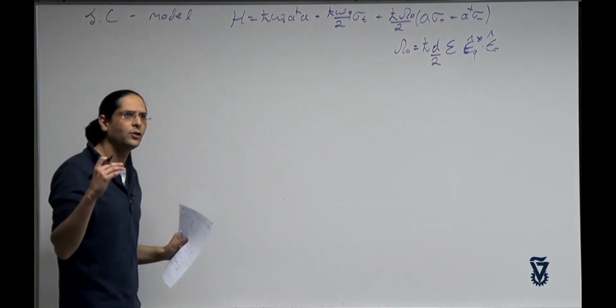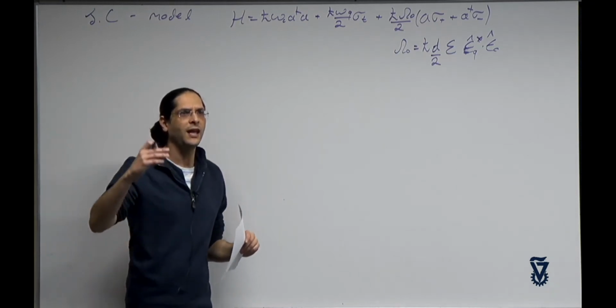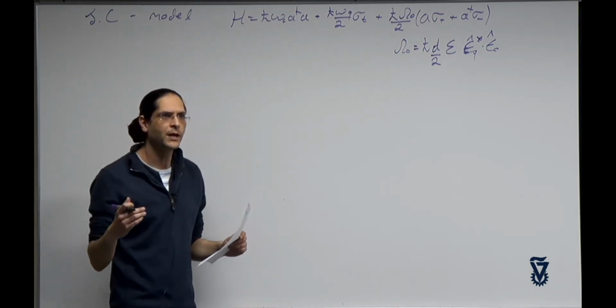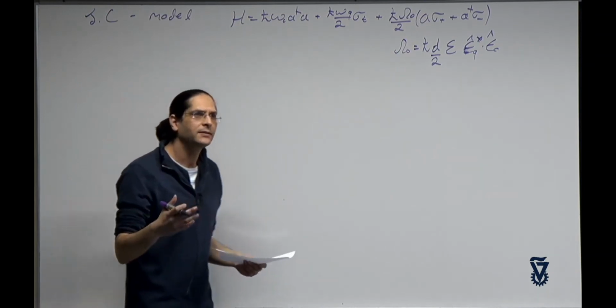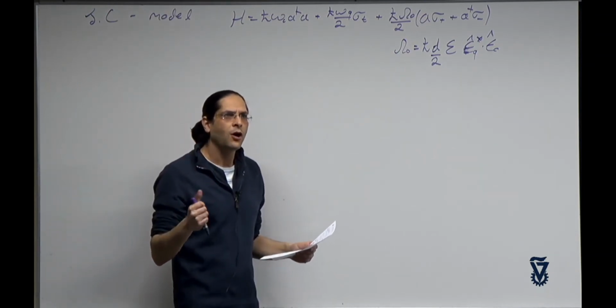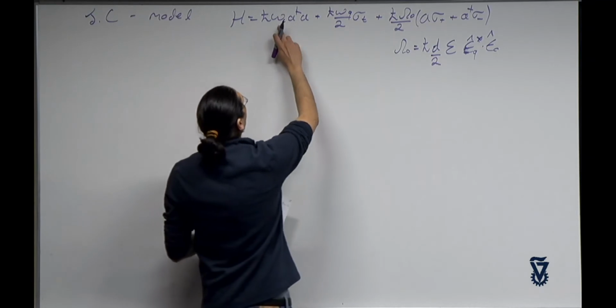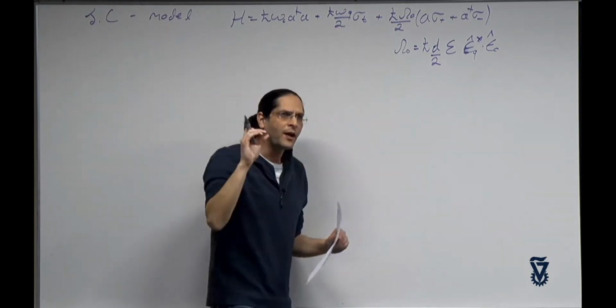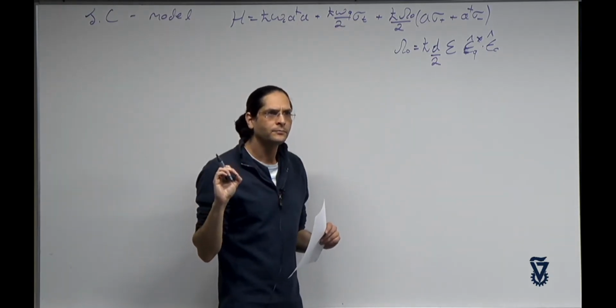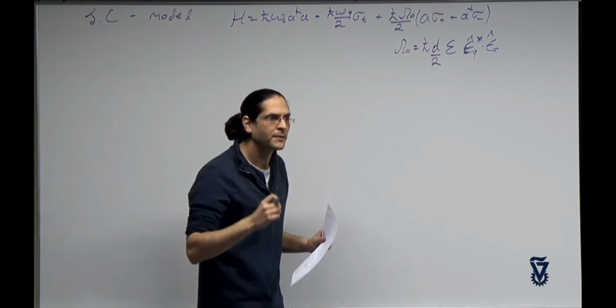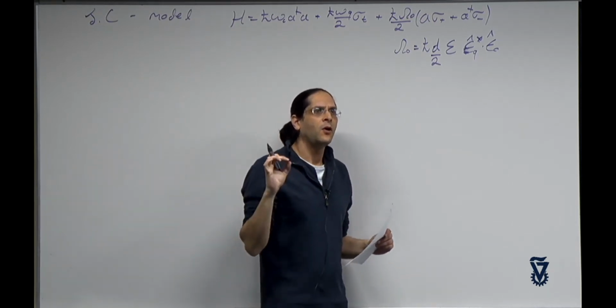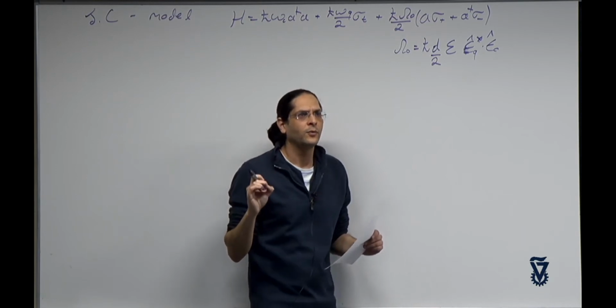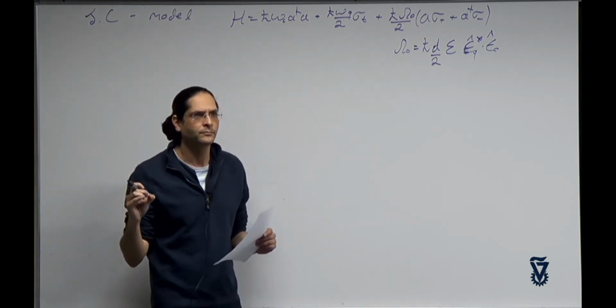So now what we're going to do is look at this model. We're going to look at the energy levels, the spectrum, and the dynamics on resonance. On resonance means omega c very, very close to omega q. And omega c very, very far, which is called the dispersive regime.